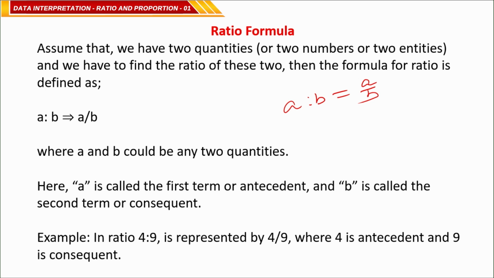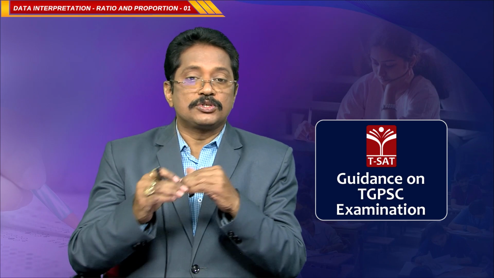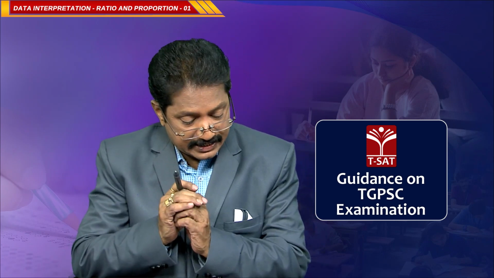The terminology is very important. In A is to B, the first term is called antecedent and the second term is called consequent. So, we have to know which is the first term and the second term.